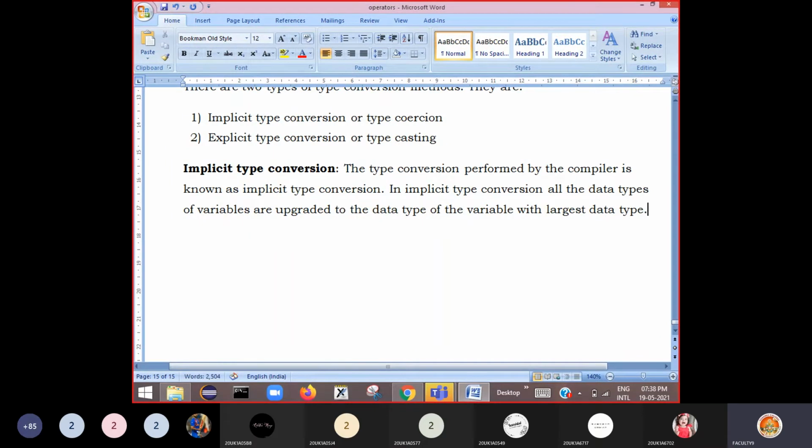The expression contains different variables.